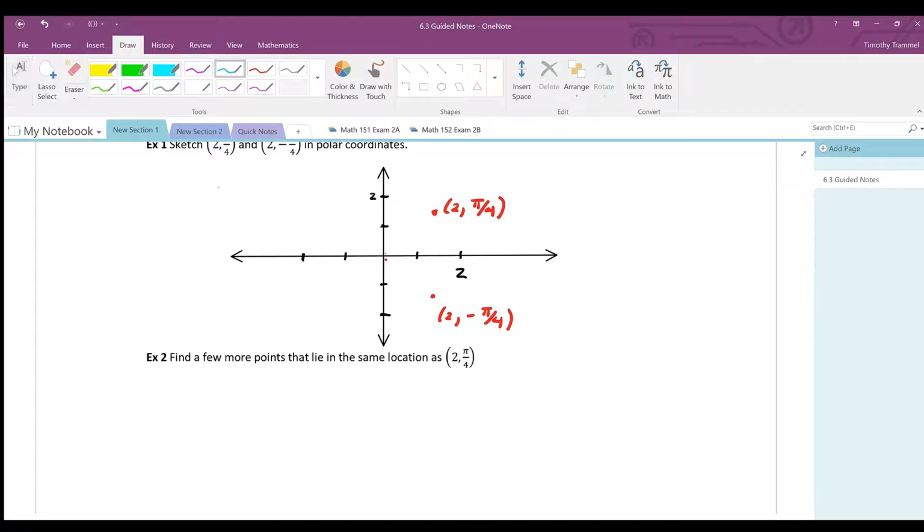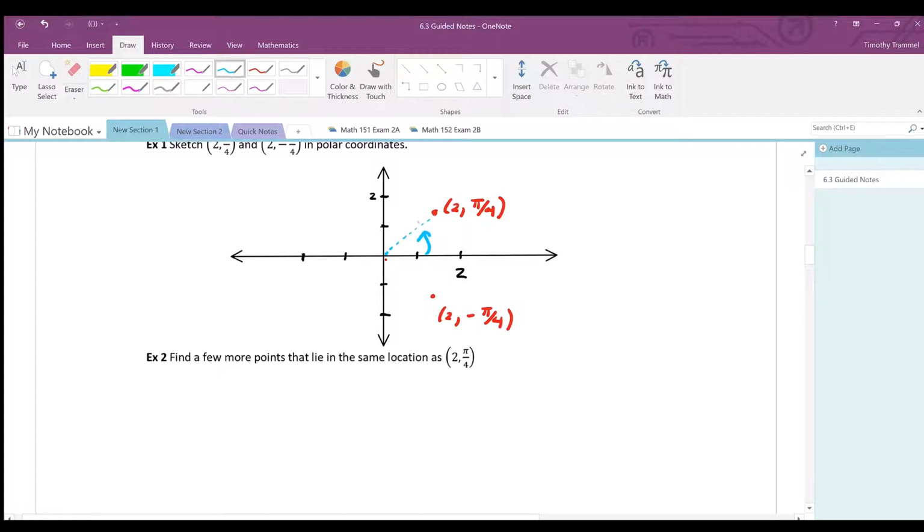And we're not used to this because when we think about, say, this point right here in Cartesian coordinates, this is the only point that lies at (2, 1). But this is actually not the case when we're in polar. Okay? And this isn't the case when we're in polar because, say, for instance, we were thinking about, again, this point right here.